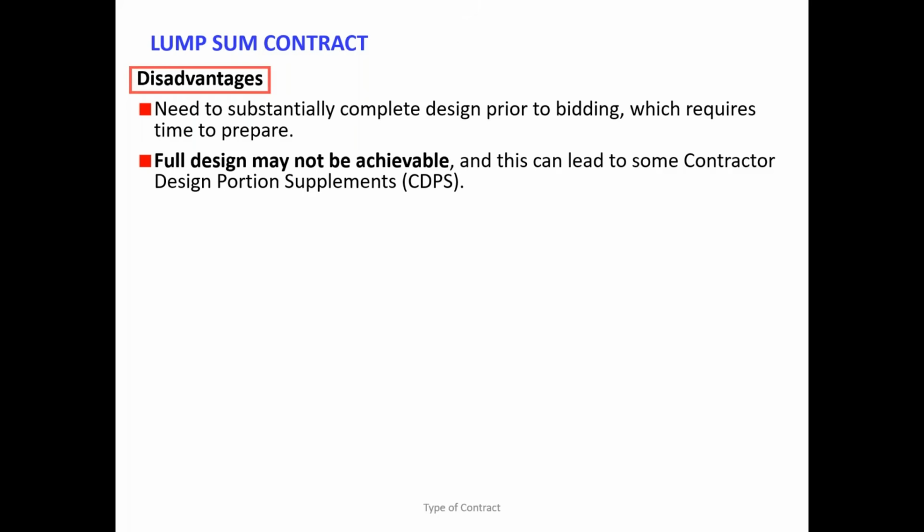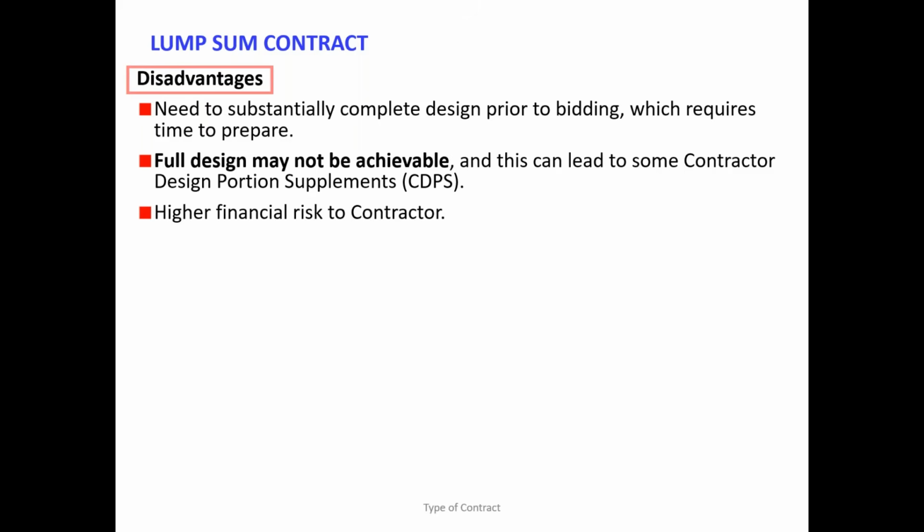That means some part of the project may need a specialized contractor, so for that portion also, only after defining the particular area can you have cost and time certainty. So if you have an undefined area in your lump sum contract, that area is not going to be lump sum. It will be treated later as a provisional sum and variation. That is how you get some provisional sums under a lump sum contract.